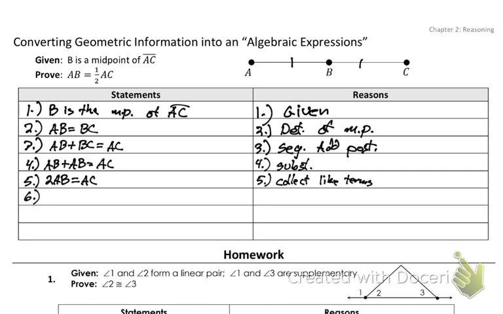We just have 3 people that want to answer this one. I don't think Julian's answered a lot. Yeah. We're going to use the division property of equality because we're going to divide both sides by 2. That'll give me AB equals AC over 2, which is really 1/2 AC. That is our division property of equality.